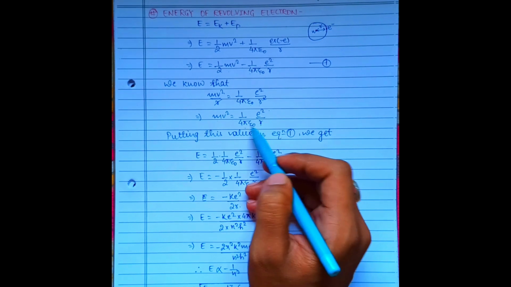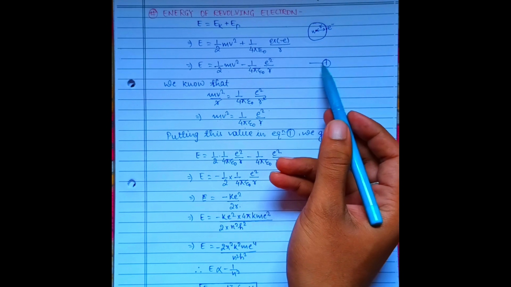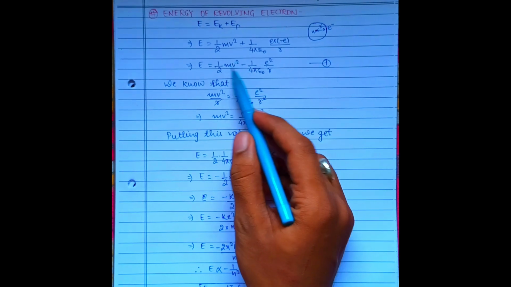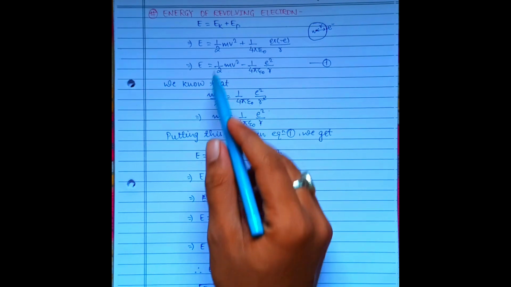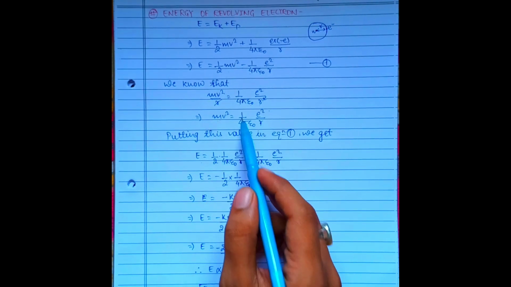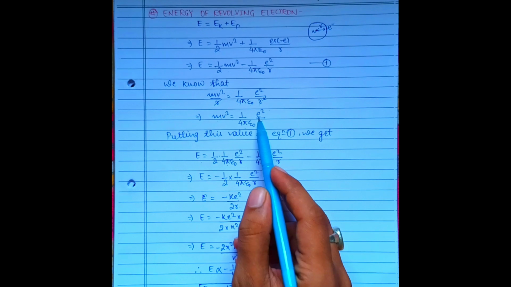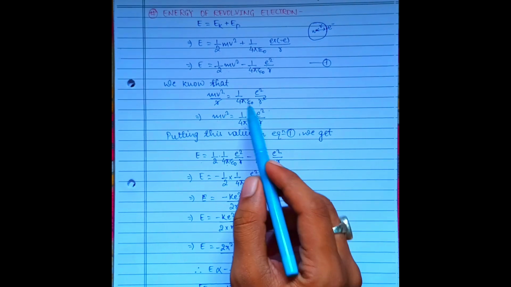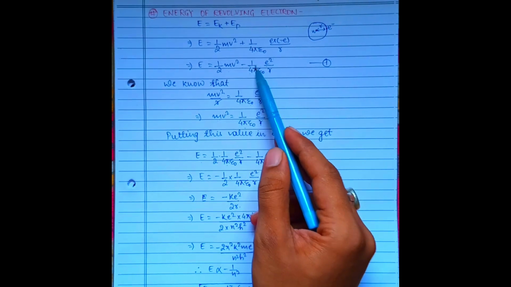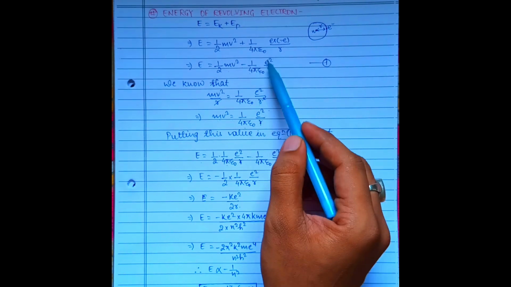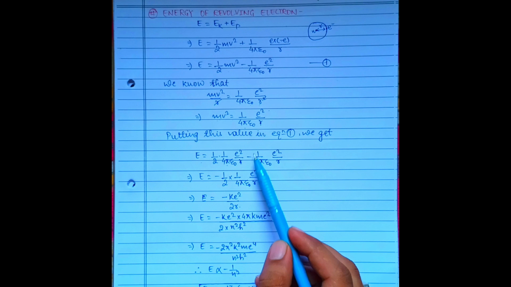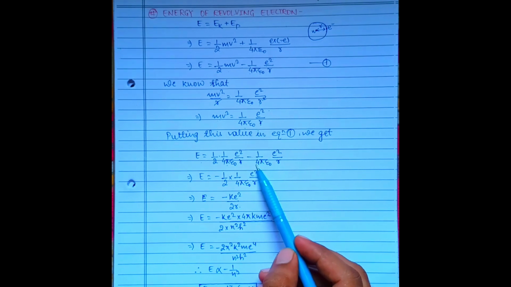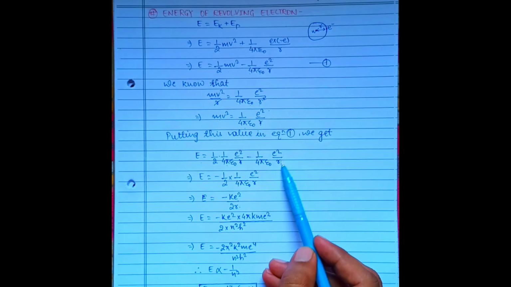So putting this value of mv square in equation 1, in place of the kinetic energy term, we get that E is equal to 1 by 2 times 1 by 4 pi epsilon naught E square upon r, minus 1 by 4 pi epsilon naught E square upon r. After calculating, this whole part is common, 1 by 4 pi epsilon naught E square upon r.